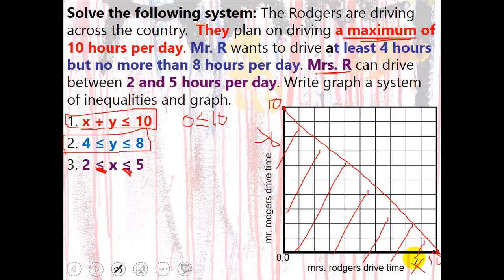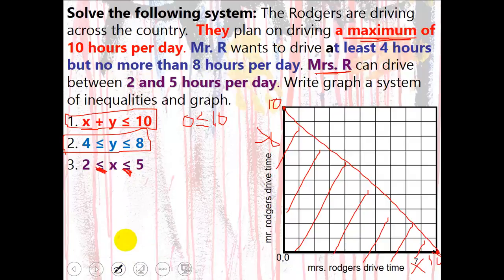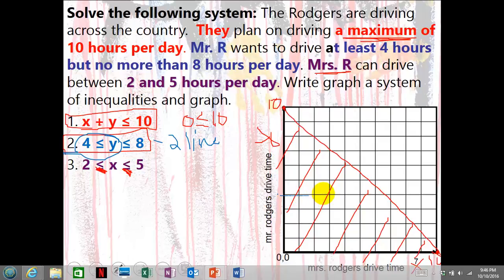Now, I'm going to get 2 lines. The first one is y is equal to 4. 1, 2, 3, 4. So here's this line right here.